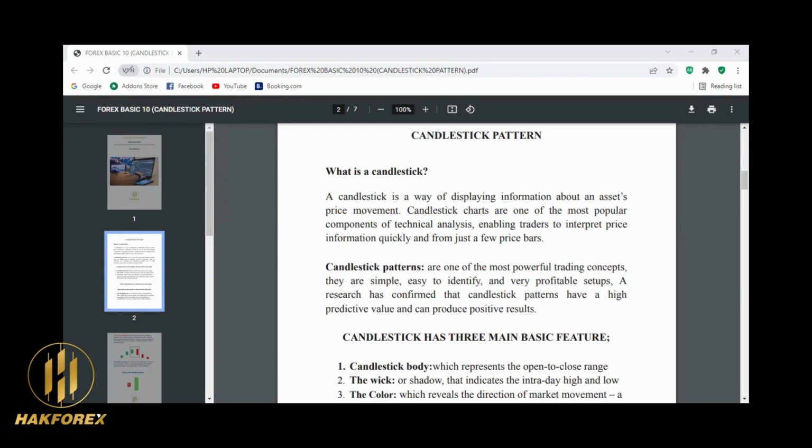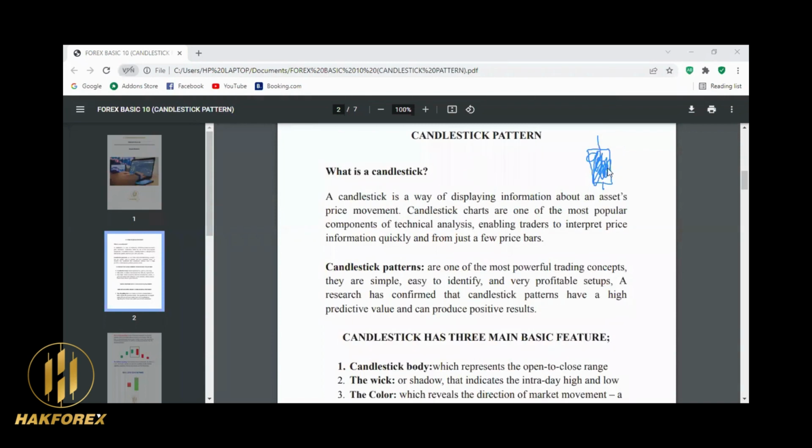So from just the bars of the market, we can easily interpret whether the market is going to go bullish or bearish.